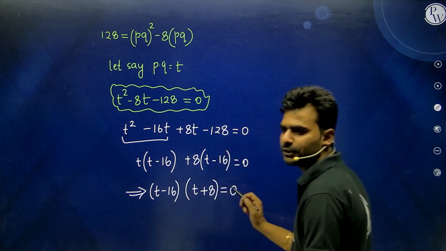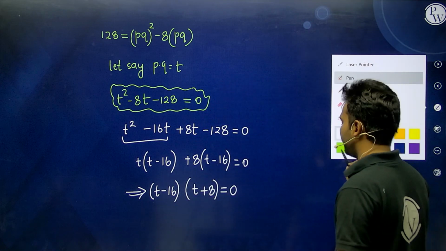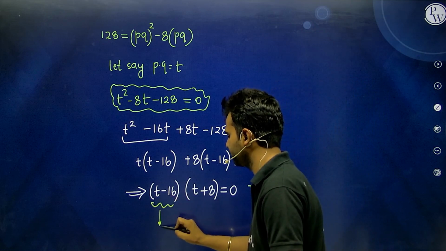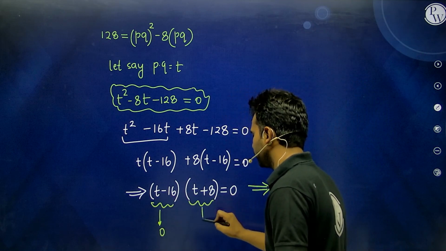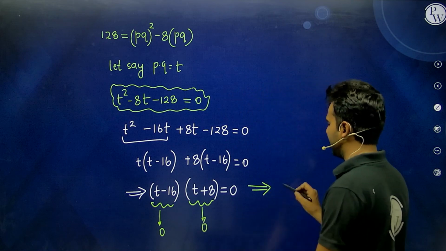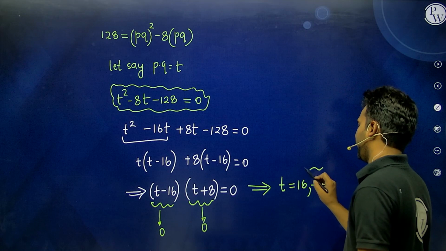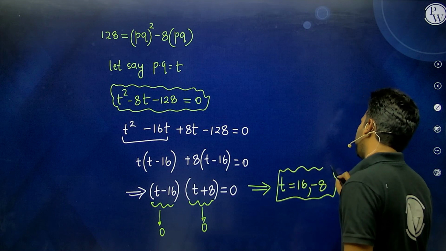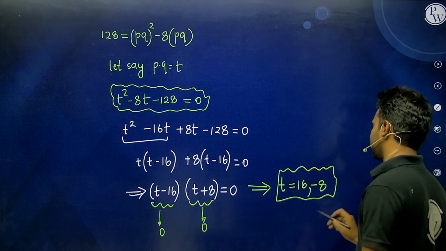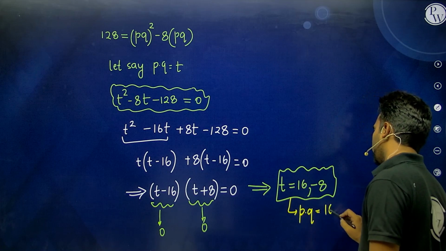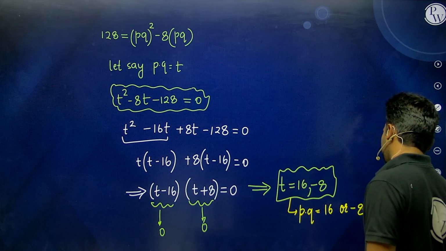If the product of two things is equal to 0, either this thing is equal to 0 or this thing is equal to 0. That means t will be equal to 16 or t will be equal to minus 8. Now t is nothing but p times q. Therefore, p times q is either equal to 16 or minus 8.